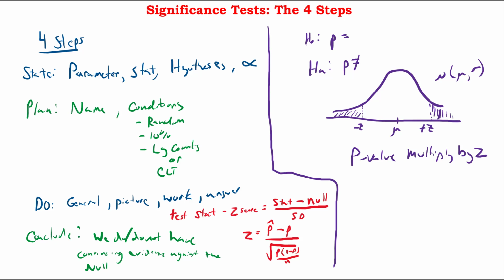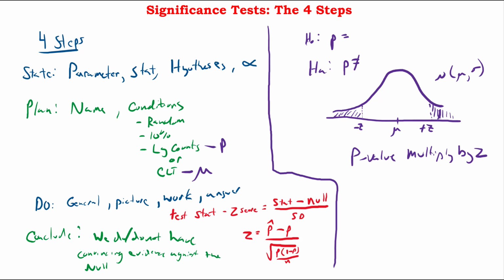In this case, since we're dealing with proportions, you're going to want to deal with the large counts, okay? Again, for this, large counts is dealing with your p. Central limit theorem is dealing with your mu, right? So proportions for large counts and means for central limit theorem. The do part, again, go ahead and list out your general equation.